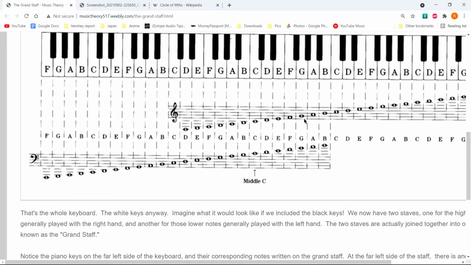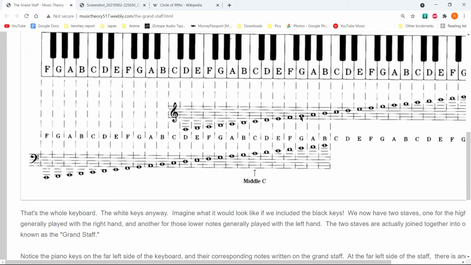But you'll notice, especially around where middle C is denoted, that each note is only going to have one space or one line. So you can see F right here is in the space above the 5th line on the treble clef staff.